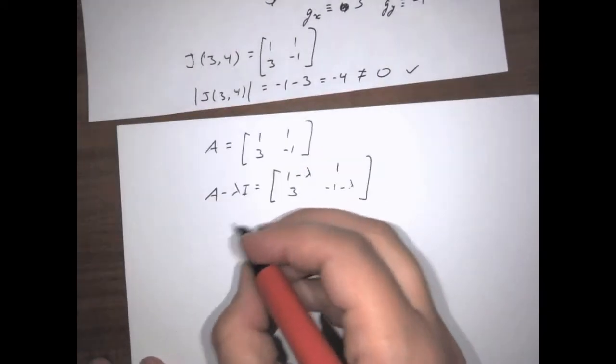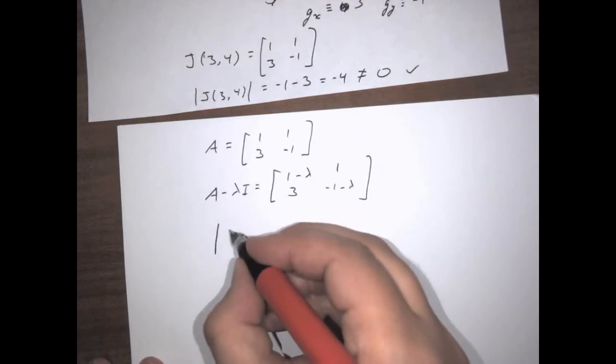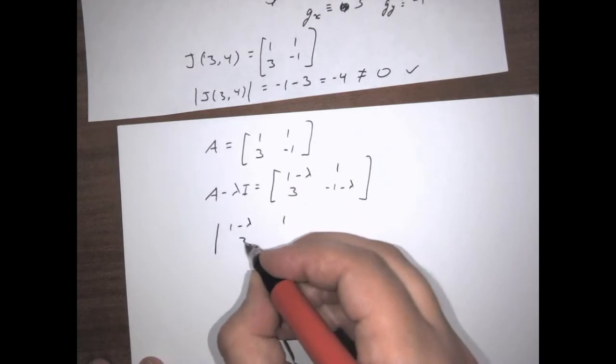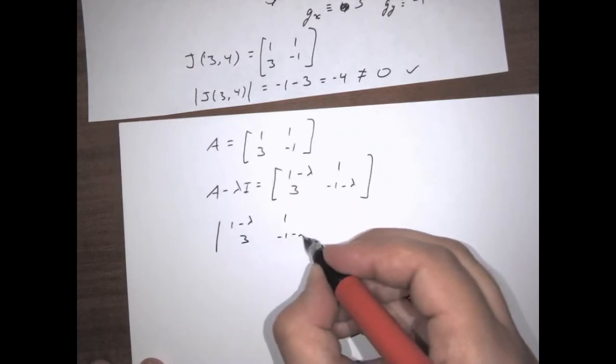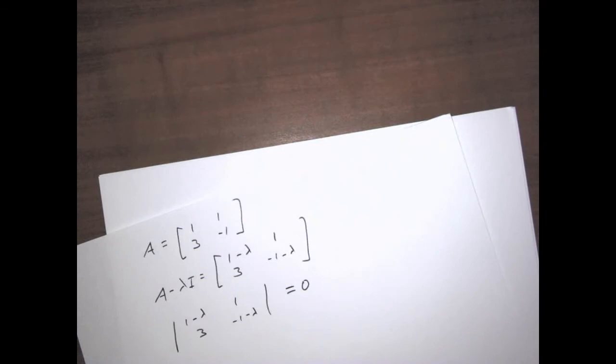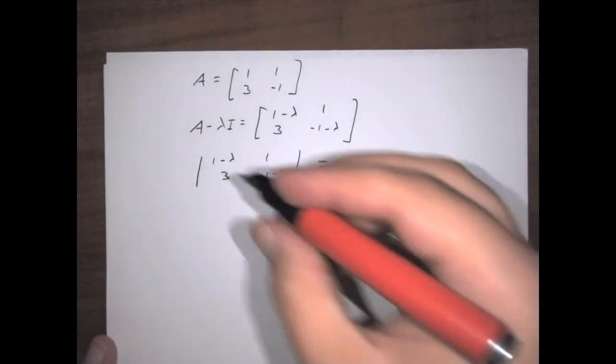So then 1, 3, negative 1 minus lambda. The determinant of that, set that equal to 0, and solve for lambda. This is going to give us the eigenvalues. So, what are we going to get here?